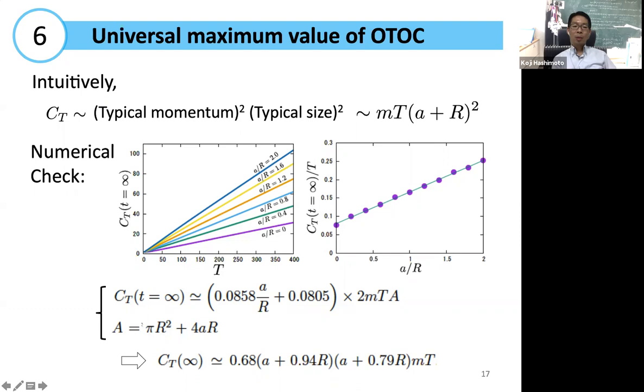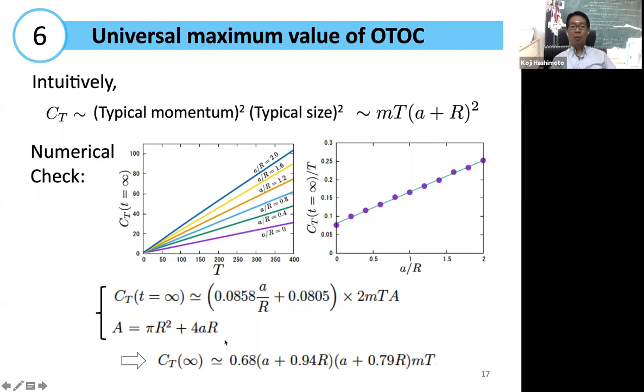And then we arrive at this expression where the thermal ODOC asymptotic value is given by this linear function times this, and since this is divided by T, it has T. And in our numerical calculation, we set the area A to be equal to 1, normalized.